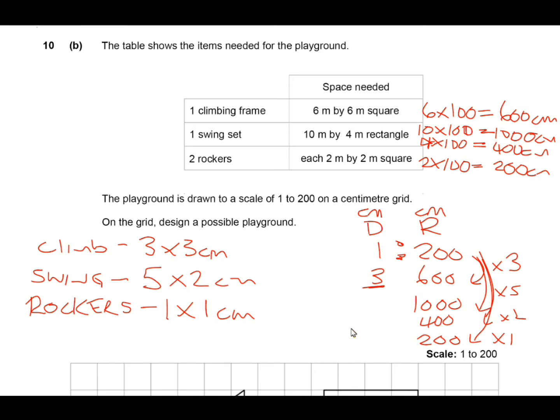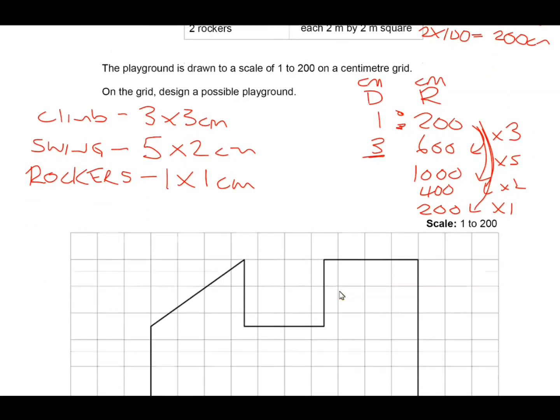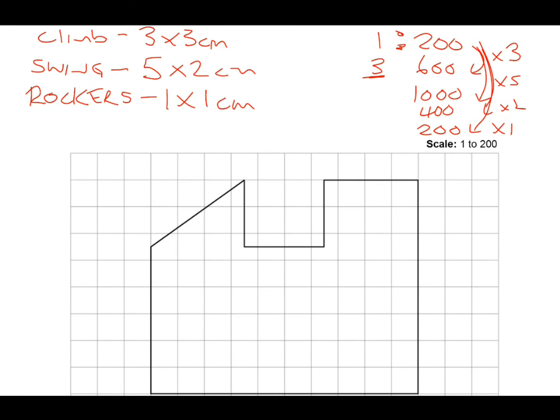So on the grid, I need to design a possible playground. So let's start with our biggest piece of equipment, which is our swing, which is 5 by 2. I don't want to put it in the middle because I want to leave some space for my climbing frame. So let's put the swing over, let's say here in the bottom corner, and it's 5 by 2.